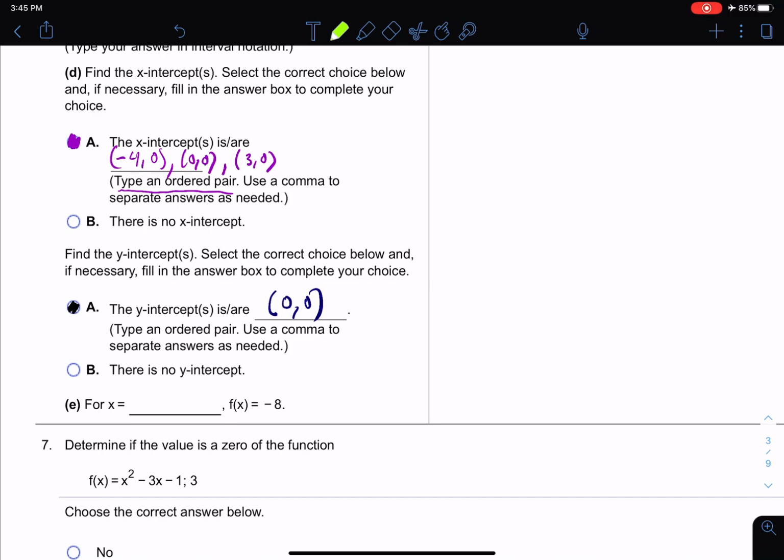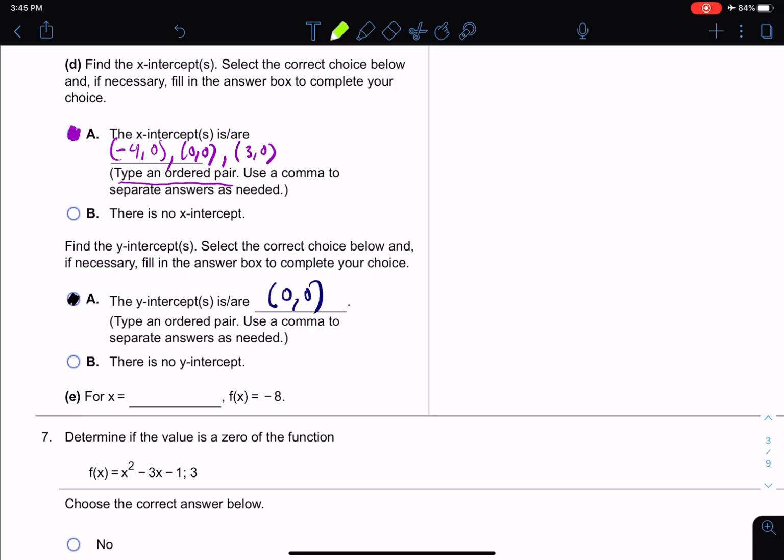What this is saying, if I was going to put this in words, is when y equals -8, what is the x partner, or the x value that goes with it.